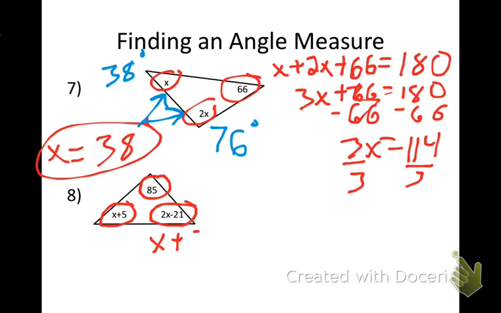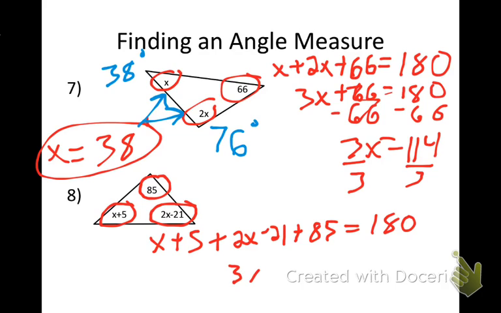So x plus 5 plus 2x minus 21 plus 85 equals 180. And then from there, it's just solving for x. X plus 2x gives me 3x again. 5 minus 21 plus 85 gets me, I believe, 69. So I have 3x plus 69 equals 180.